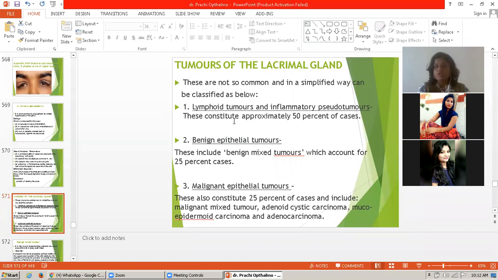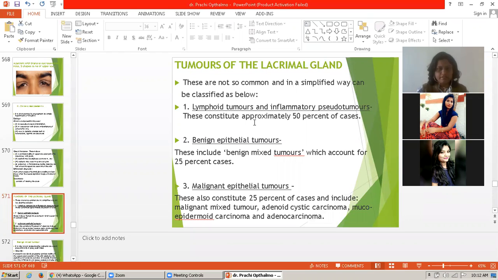So, from tomorrow, we will learn about the tumors of the lacrimal gland. The tumor of the lacrimal gland is also an important topic in lacrimal diseases, in which they are not so common and in a simplified way can be classified.